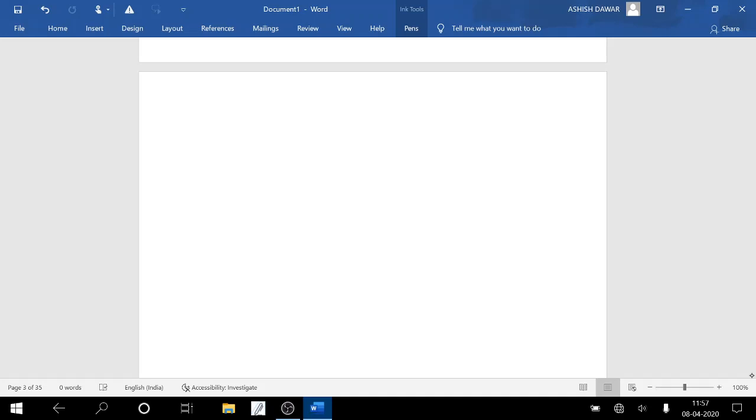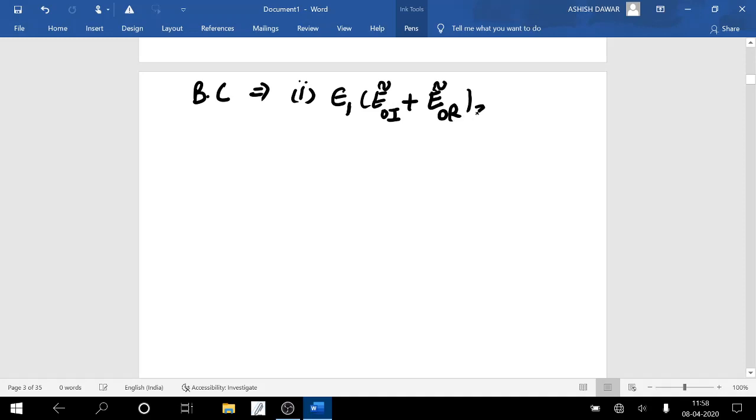So according to that, the exponential factors cancel out and the boundary conditions become as follows. First, epsilon 1 times the electric field on one side, that is the combined field E0i plus E0r, z component, equals epsilon 2 E0t.